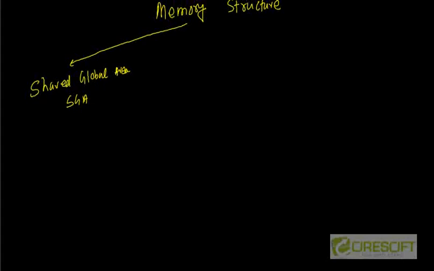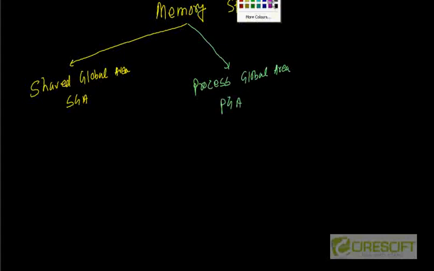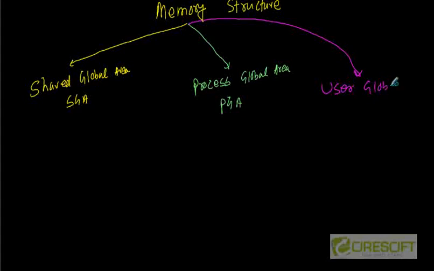The next one is called process global area, or in short PGA. And the third one is called user global area, or in short UGA.